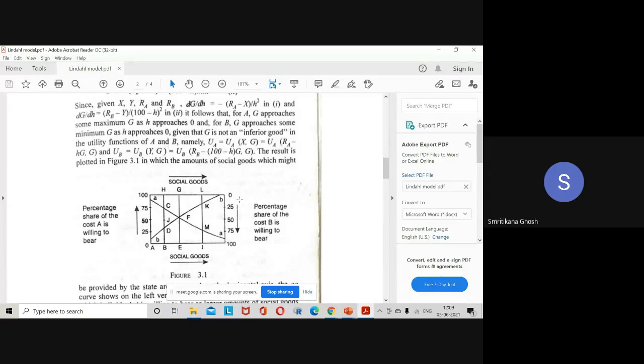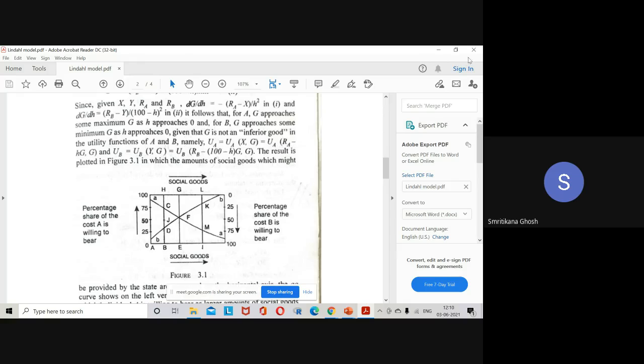How much public good will be given to this person or that person was discussed. But for the given amount of the public good, how much is to be spent by the consumer was not discussed. And here, for two individuals, the optimum level of cost sharing, or you can say the tax, is measured through the Lindahl model. So this is the beauty of the Lindahl model.